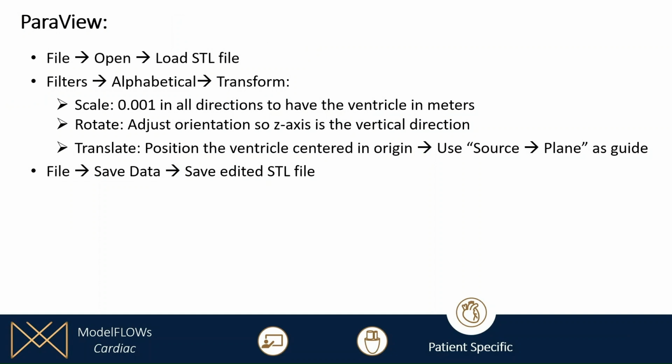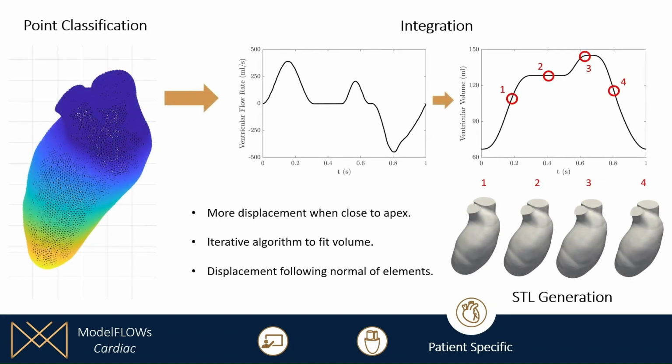So going back to the slides, we have already done this segmentation, cleaning and scaling, and now going back to the MATLAB script that we have earlier defined in the idealized model.